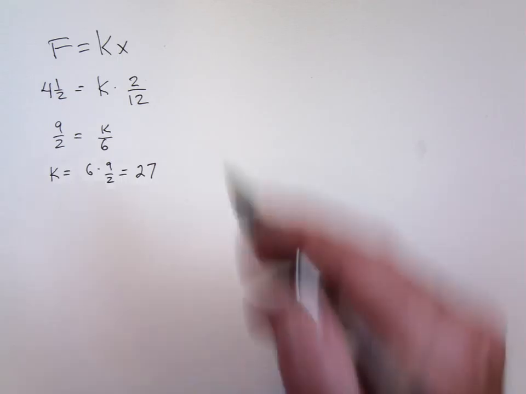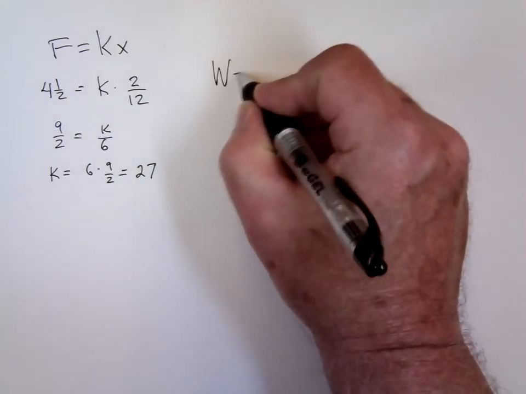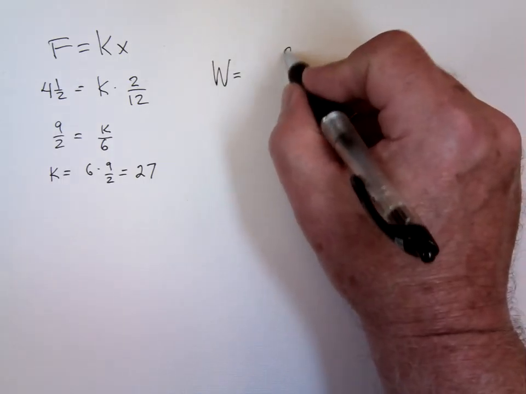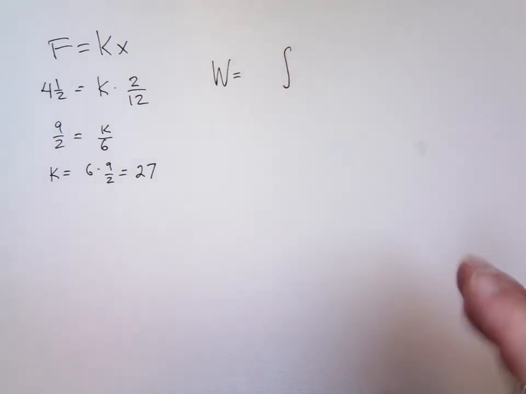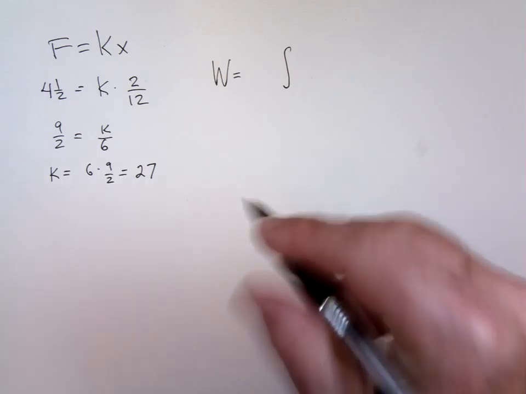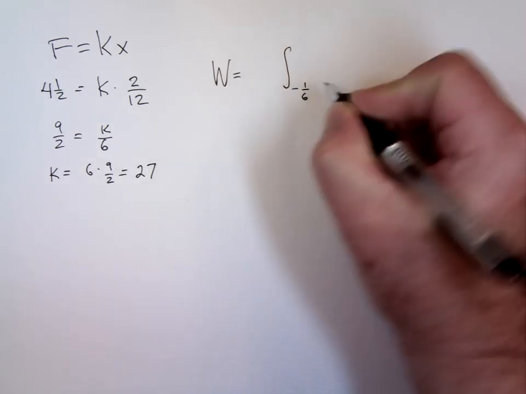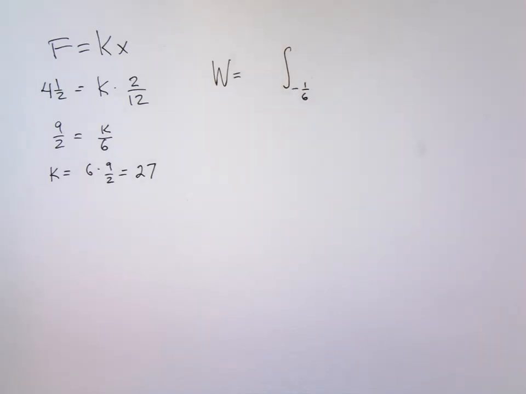Now, you've got to be really careful here. The work is equal to, now, where are we going? We compressed it 2 inches from its natural length. So we're starting at a negative 1/6, 2/12, okay? 2 inches from its natural length. That's where we're starting, and we want to compress it an additional 1/2 inch.